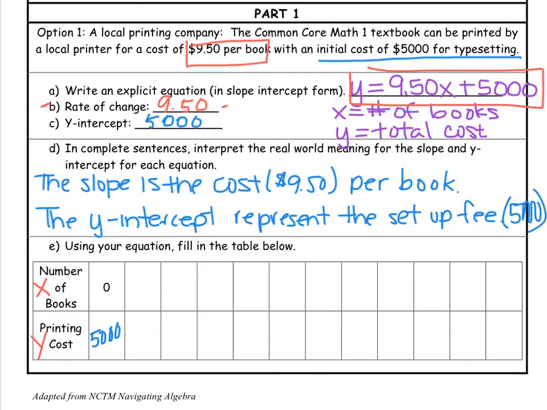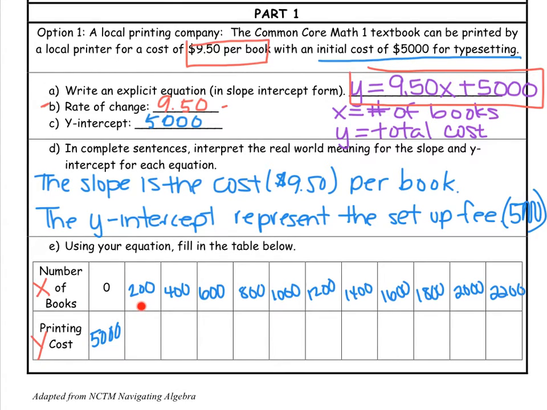But we don't want to write in here 1, 2, 3, 4, 5. We're going to go by groups of 200. So that's what we're going to fill in here. So 200 books, then 400, 600, 800, and so on. And finally 2,200.